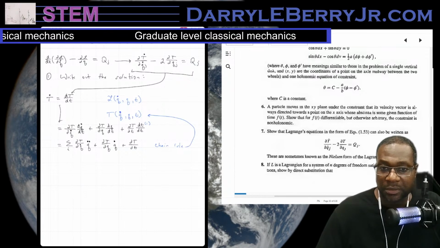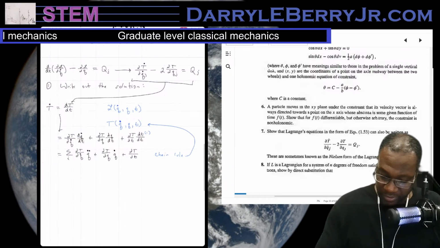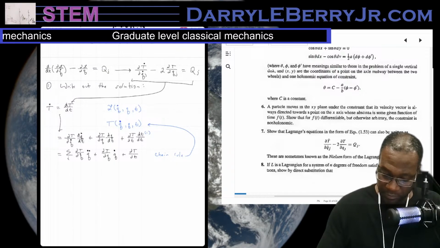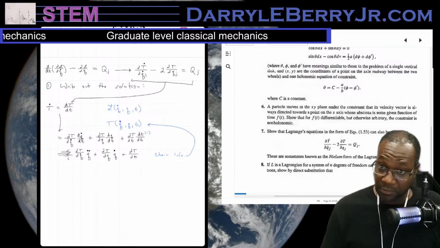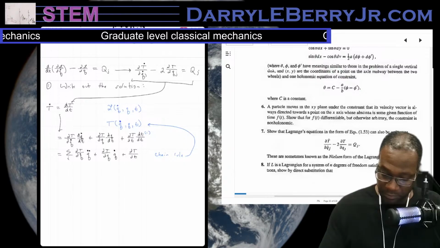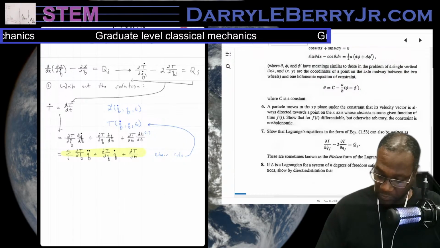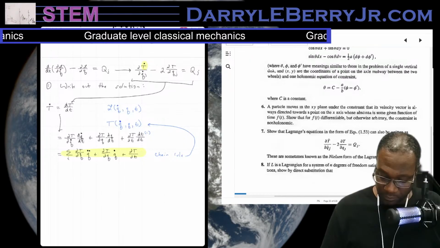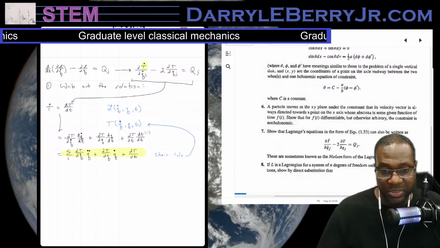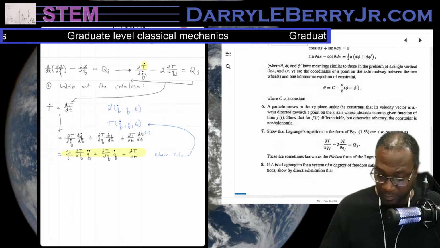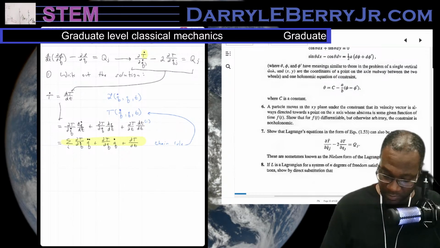So let's see. So what we did here, this entire thing, is this. That means that this entire thing has to get a derivative with respect to q dot.